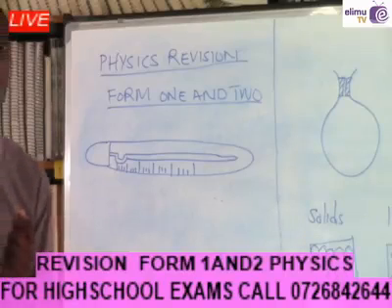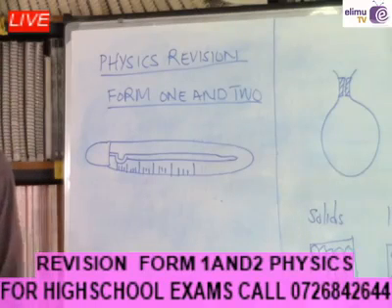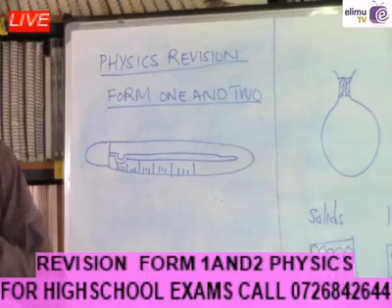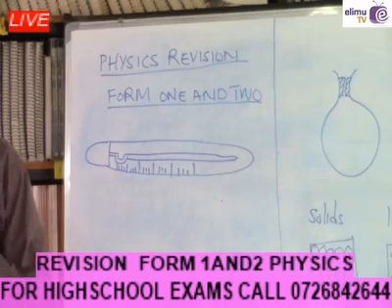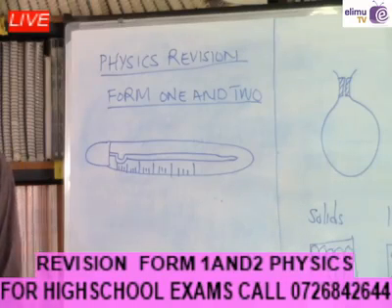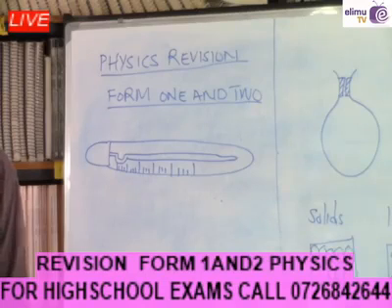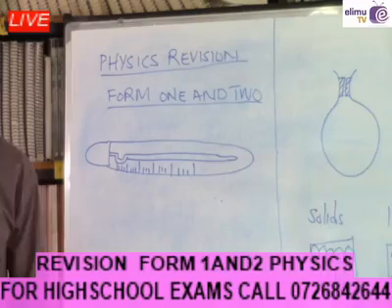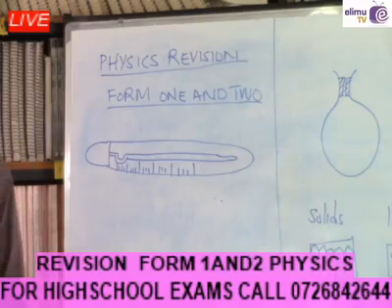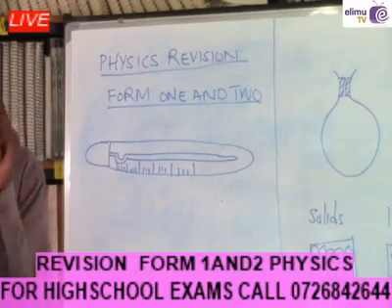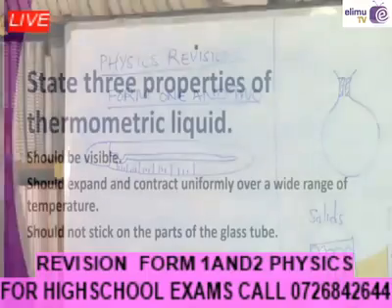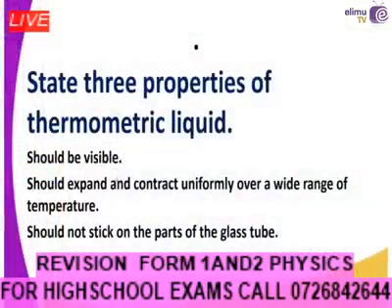When you go to 2 degrees Celsius, it also expands by a certain value. So it expands and contracts uniformly over a wide range of temperature. That is property number 2 of a liquid that should be used in a thermometer. Property number 3 is that this liquid does not stick to the inner parts of the glass tube.